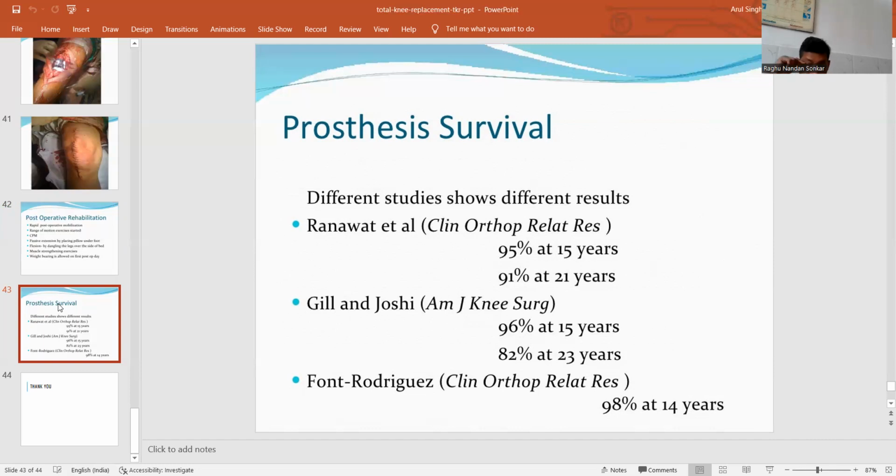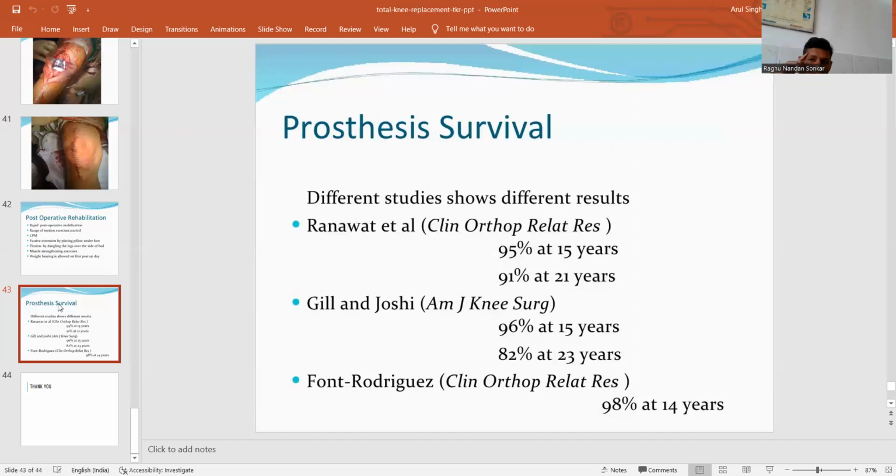This is the data according to Ranawat Sahab and Gill and Joshi. So this is all about your knee replacement surgery: anatomy, overview, pathology, staging, investigation, surgical technique, rehab protocol, about your prosthesis, and all other things which can induce complications.